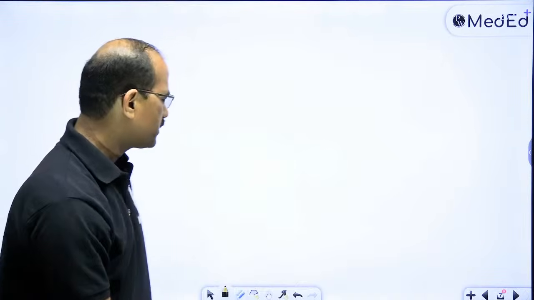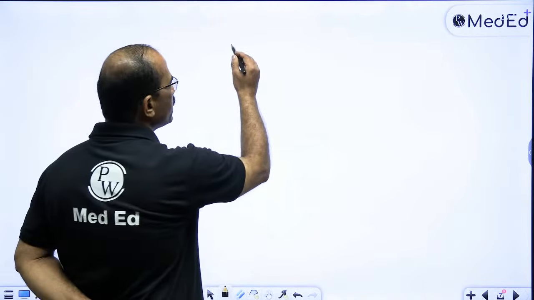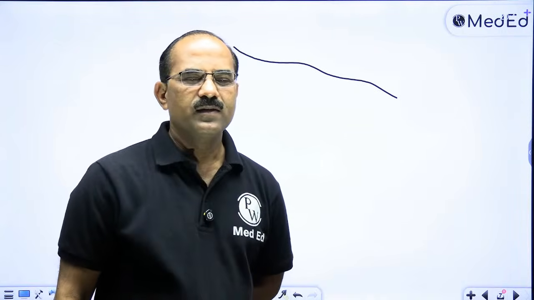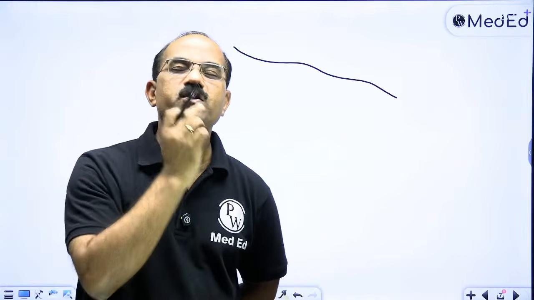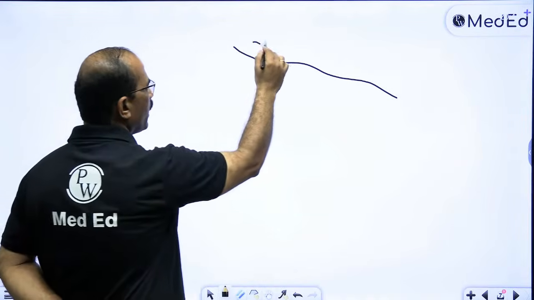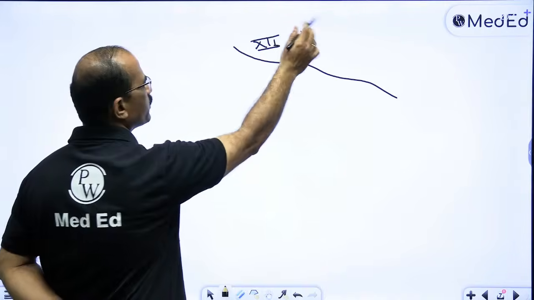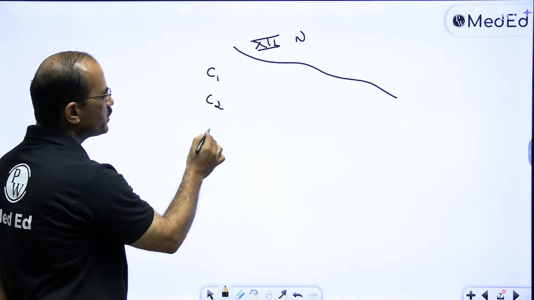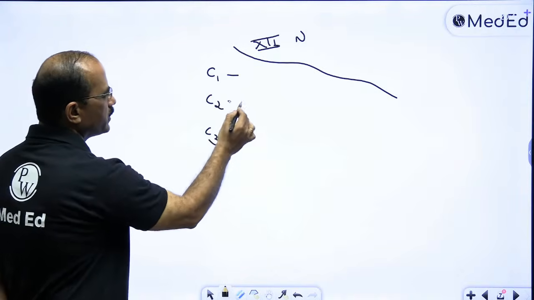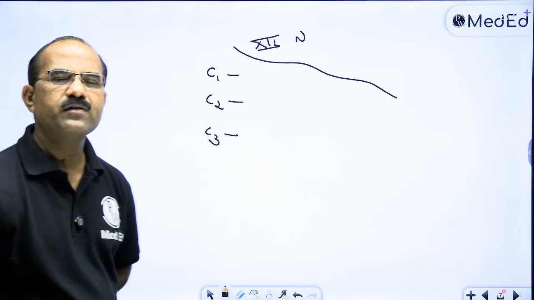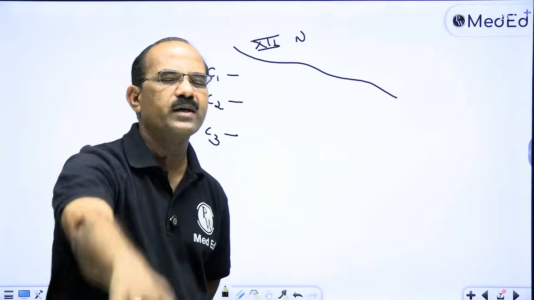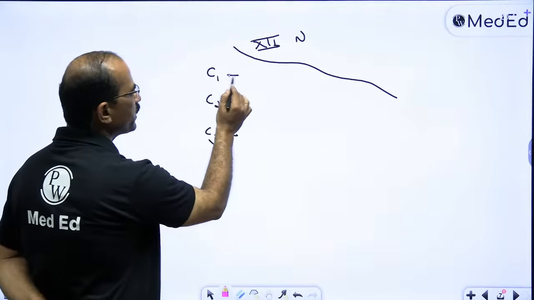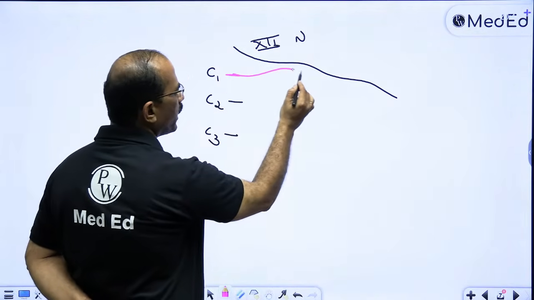Now, this is the nerve which is going to supply the tongue. Which nerve supplies the tongue? The hypoglossal nerve. These are the fibers of C1, C2 and C3, the C1, C2 and C3 spinal nerves. Now the fibers of C1 go with the hypoglossal nerve.